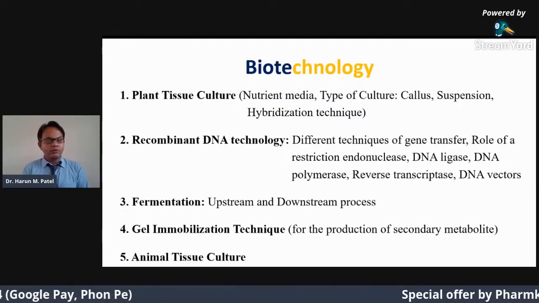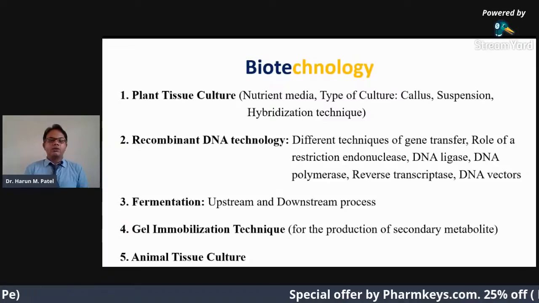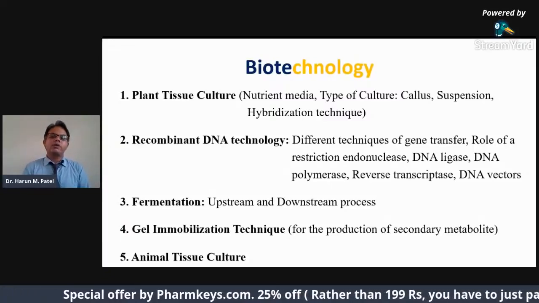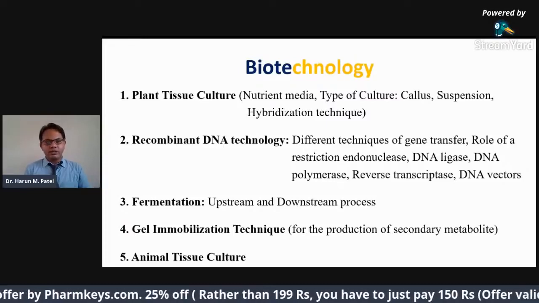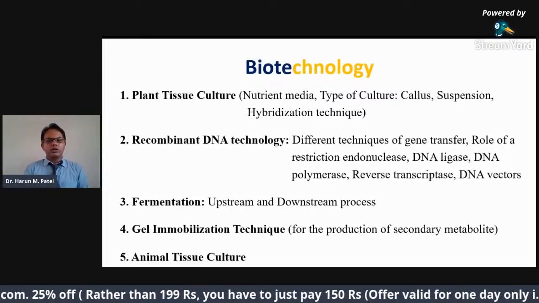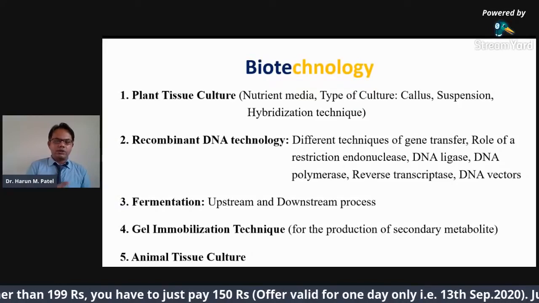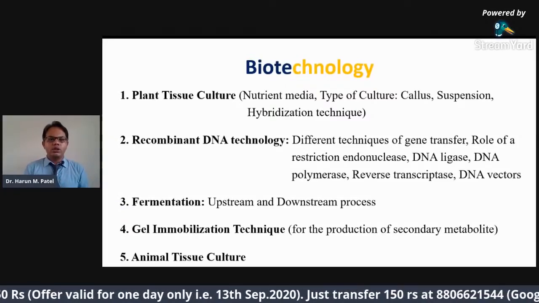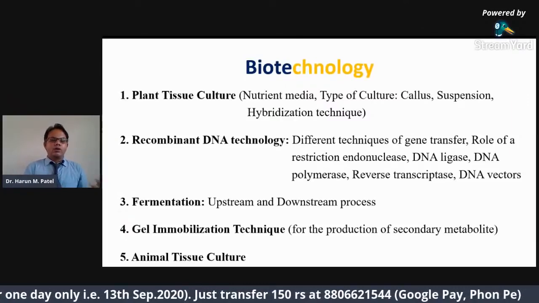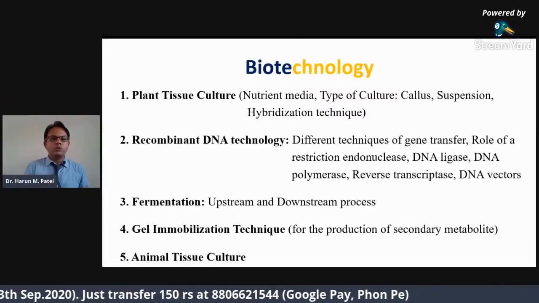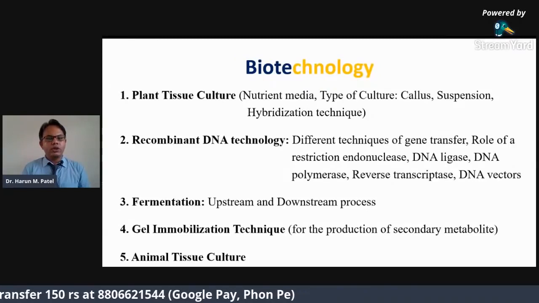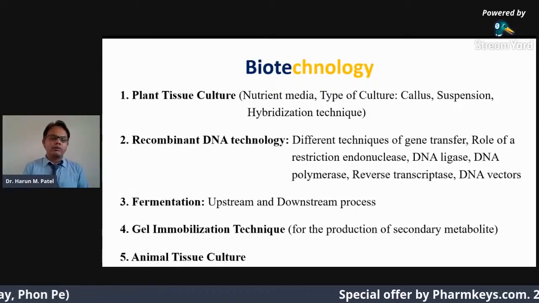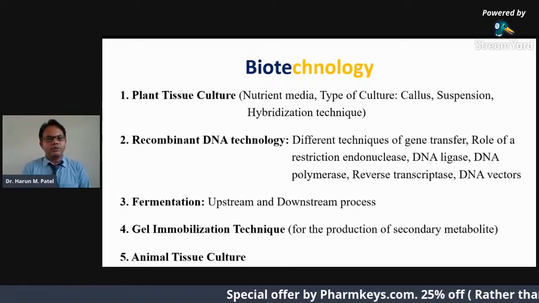For example, if somebody is suffering from diabetes, right now we have insulin with us, and thanks to DNA technology, we have synthesized insulin. Otherwise, initially we were getting insulin from pork and other animals, and there were more chances of contamination. There is an antigen antibody interaction with such hormones, the insulin hormone which we were obtaining from pork and other animals. But thanks to recombinant DNA technology, today we are able to synthesize different kinds of hormones.